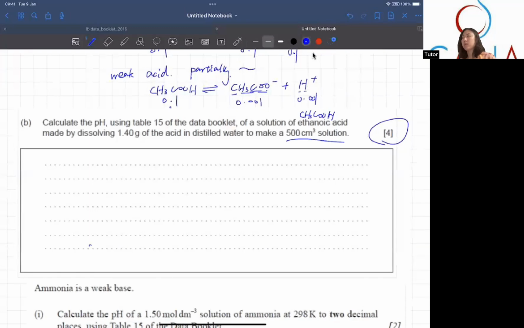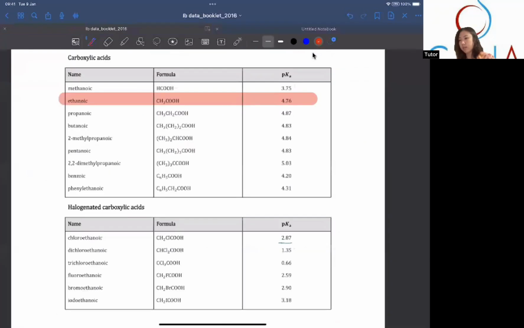Just remember, whenever you're asked to calculate the pH, you'll always be using this formula. So now our question is, how do we know the concentration of H+? Since they want us to refer to the information in table 15, let's have a look.